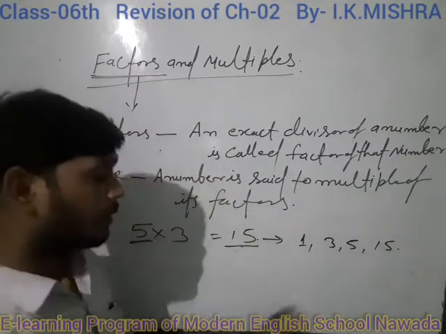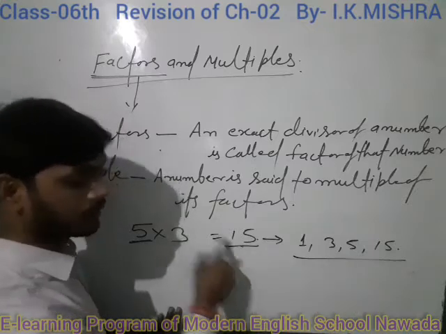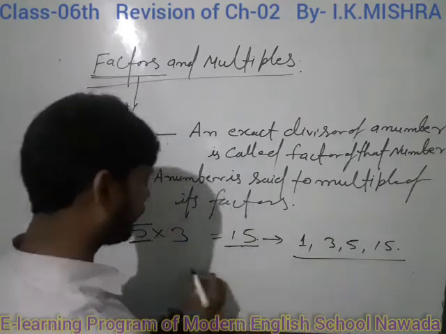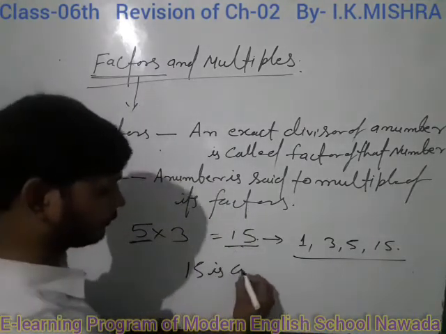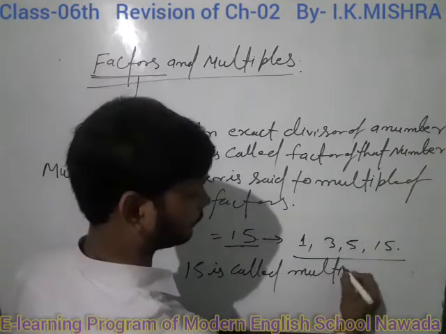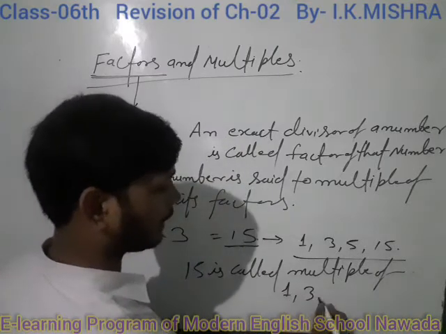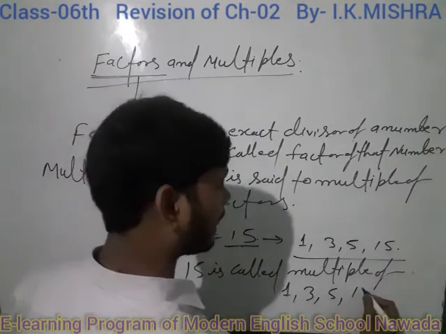Here 15 is called a multiple of 1, 3, 5 and 15.